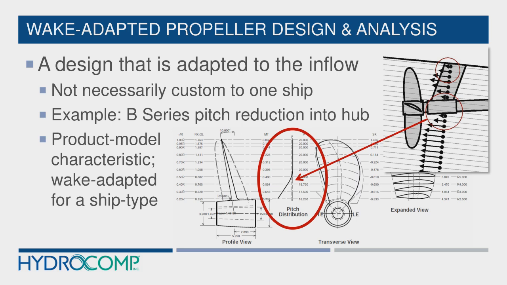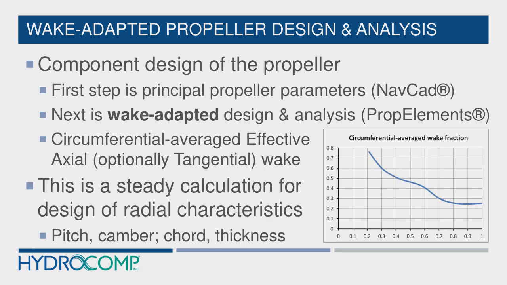That's to relieve a little bit of the loading and the pressure pulses that would translate into interior noise and vibration. They're high powered, high speed, and there's a lot of thrust being developed, but we can use this as a product model characteristic, wake adapted, for that particular type of application.